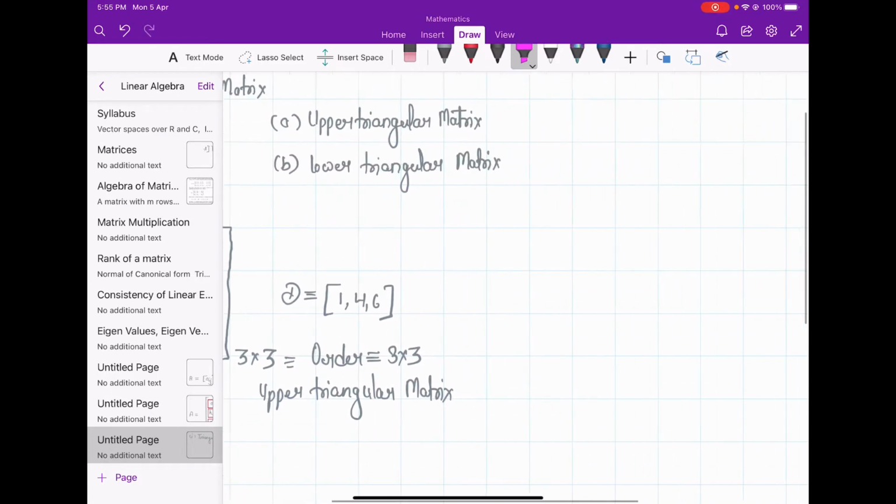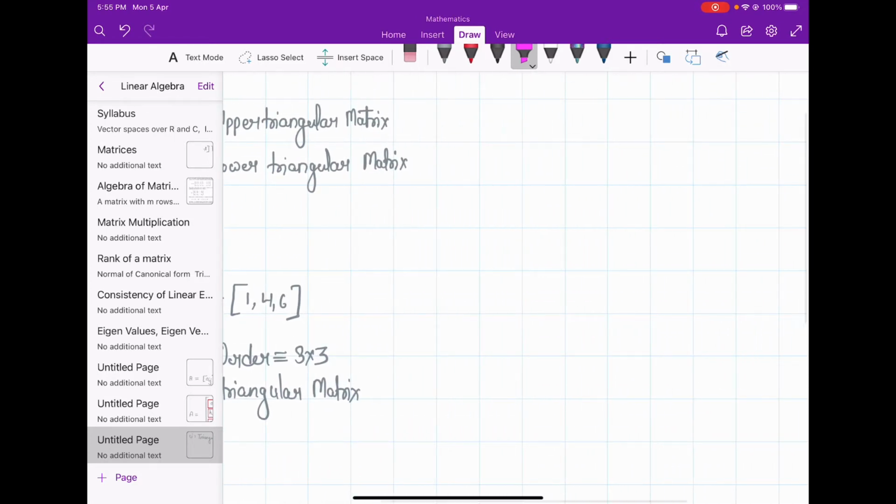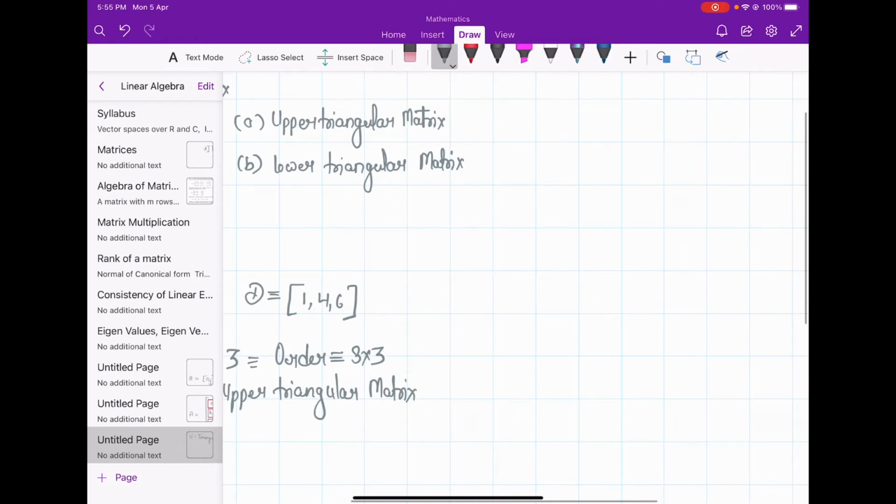Similarly, in the case of a lower triangular matrix, all the elements above the diagonal will be 0. For example, 2 0 0, 4 1 0, 5 6 7.